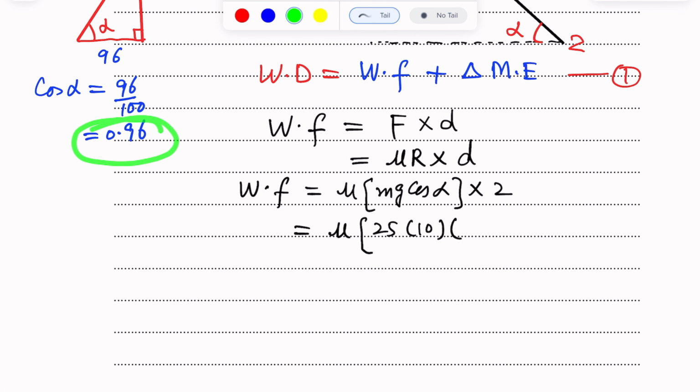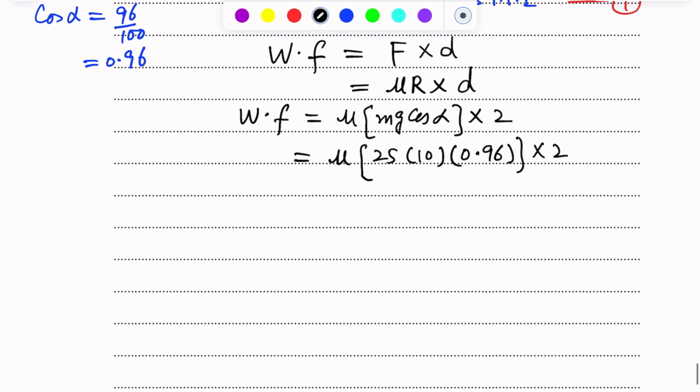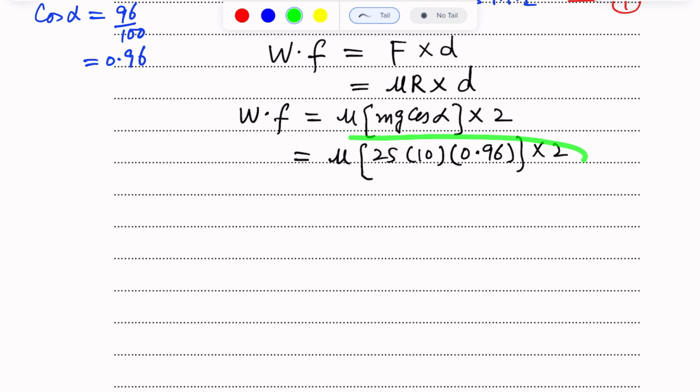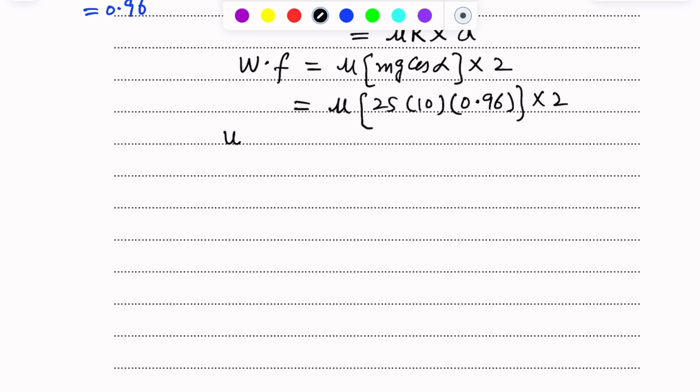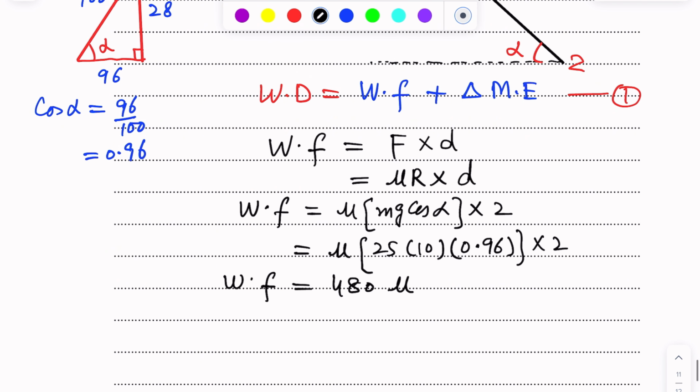We have already found cos alpha is 0.96, so we write 0.96 multiplied by 2. After simplifying this, the work done against friction is equal to 480 mu. Now we have found Wf, the work done against friction, is 480 mu.